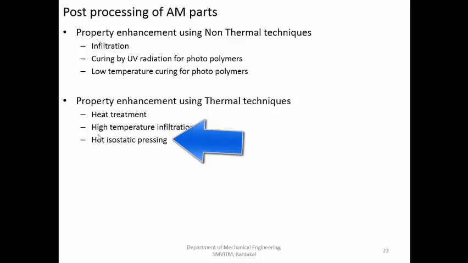So one of the methods of improving their properties is by doing the sintering. That is the hot isostatic pressing. Whatever component we have, we put it in an inert environment, and then we increase the pressure of the container so that the workpiece is simultaneously squeezed from all the sides. As we increase the pressure, the workpiece is squeezed.